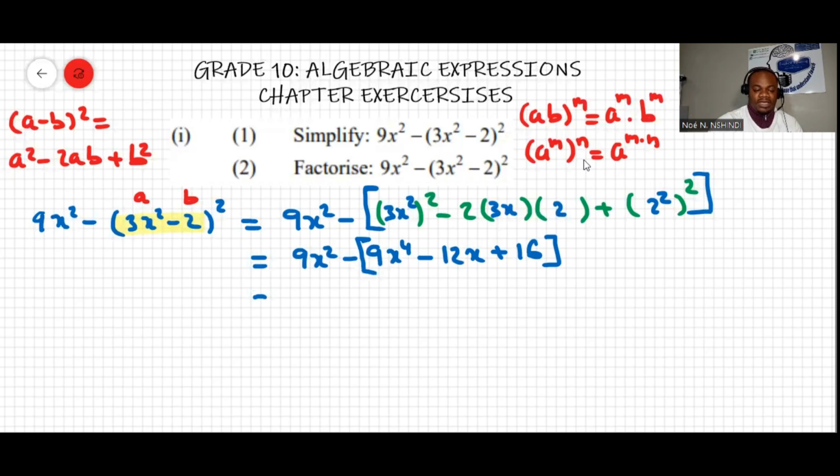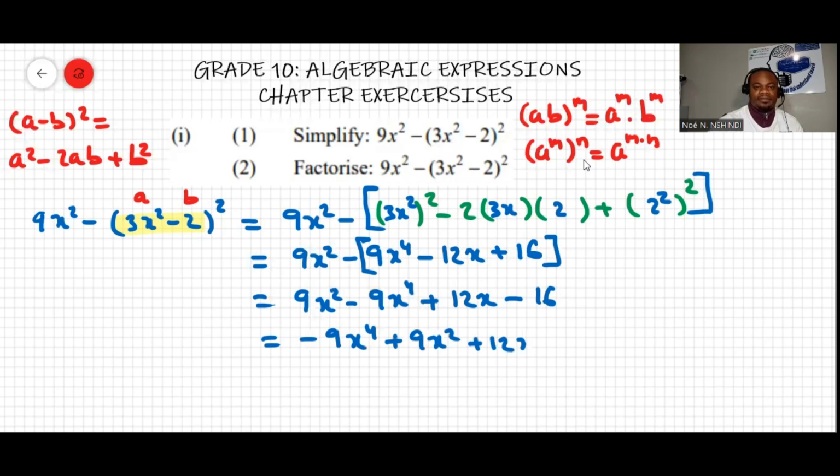And then the negative sign, if I drop the brackets, the negative sign will change the signs of everything within the brackets, okay? So it's going to be like 9x to the power of 4 plus 12x minus 16. And then simplifying this, we can write negative 9x to the power of 4 plus 9x squared plus 12x.